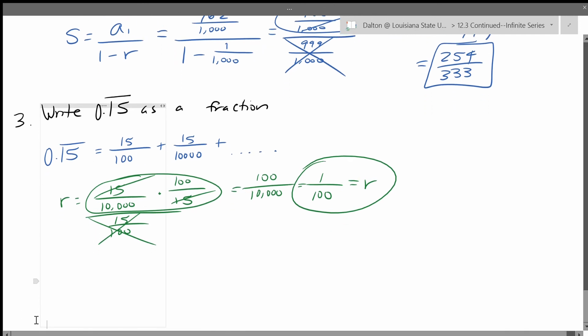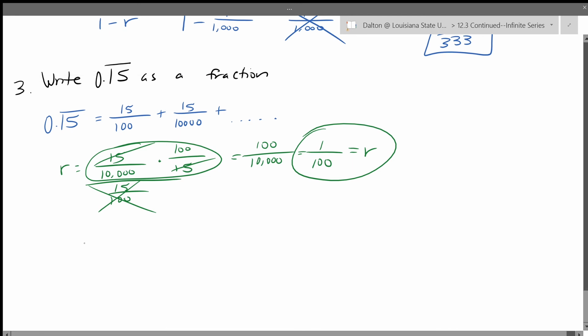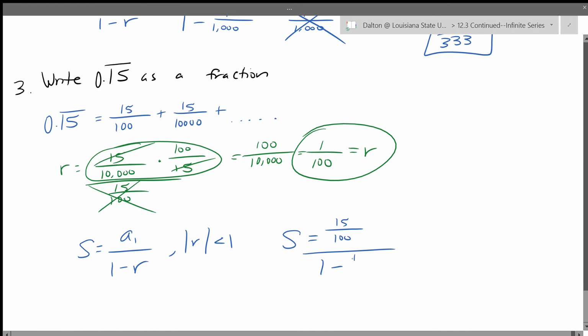And then we plug that into the formula, S equals a sub 1 over 1 minus r. Again, this is only for when the absolute value of r is less than 1, which is true, 1/100. So for us, S equals the first term, 15 over 100, all over 1 minus r, which is 1 over 100.